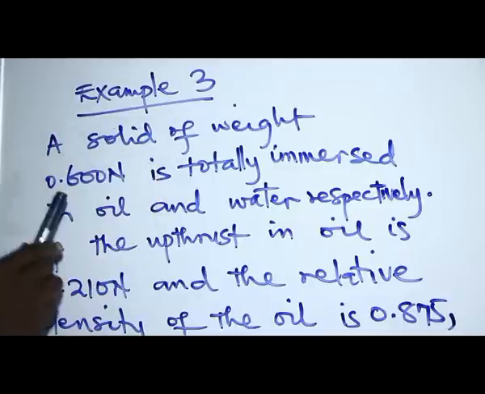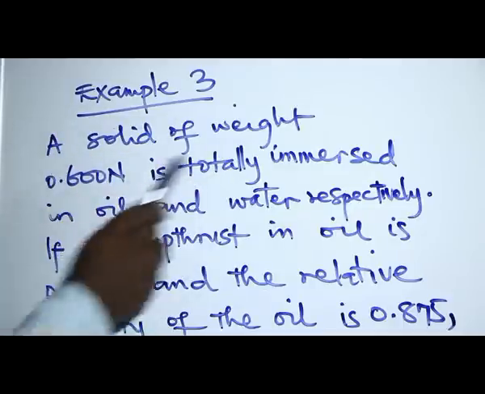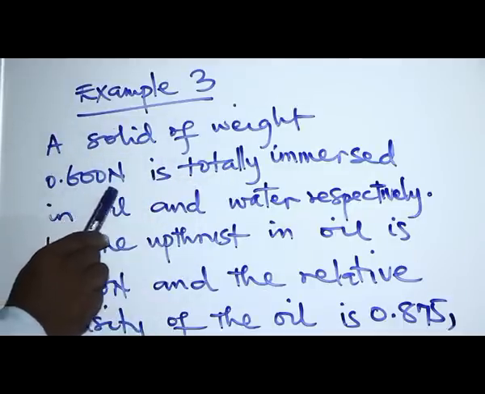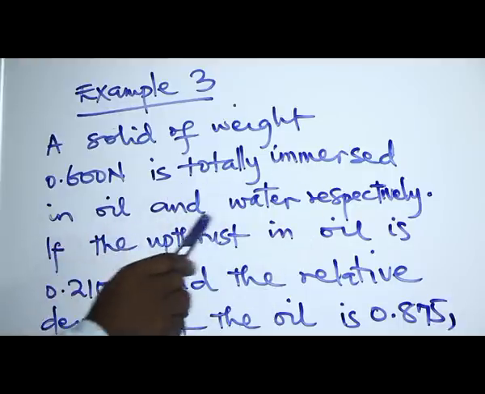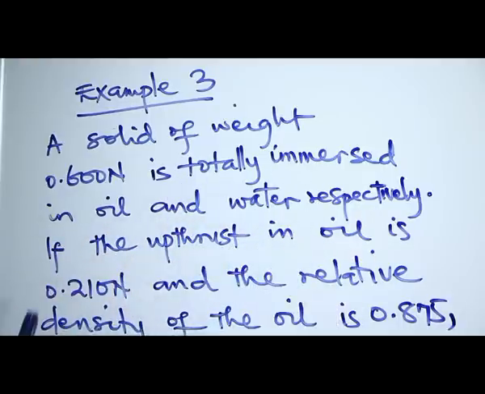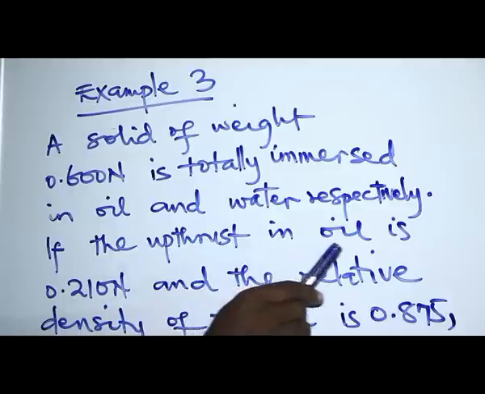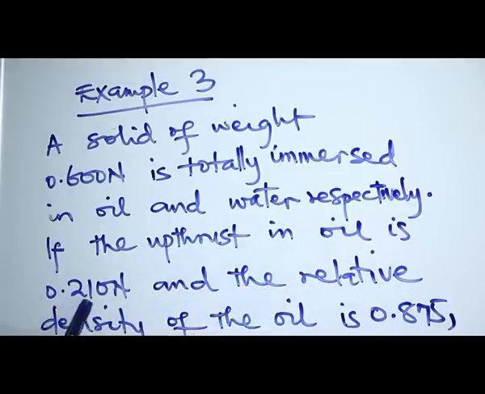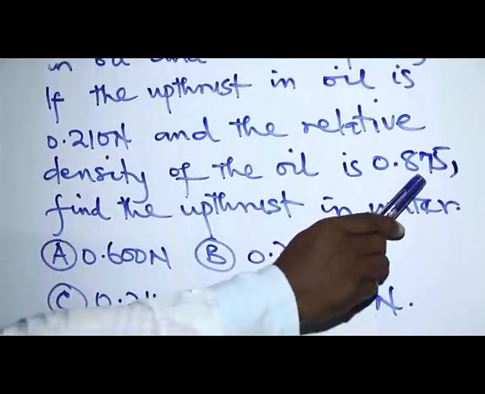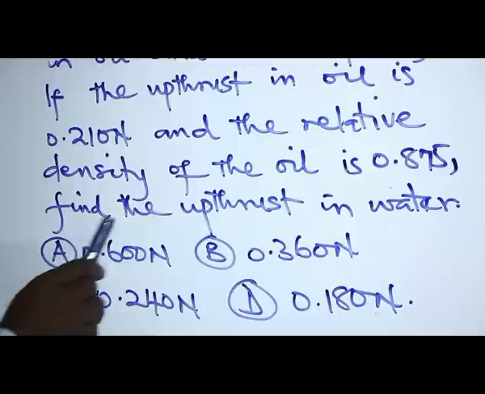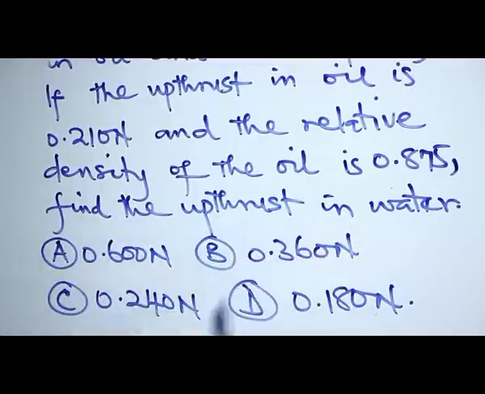Example 3. A solid of weight 0.600 Newton is totally immersed in oil and water respectively. If the upthrust in oil is 0.210 Newton and the relative density of the oil is 0.875, find the upthrust in water.